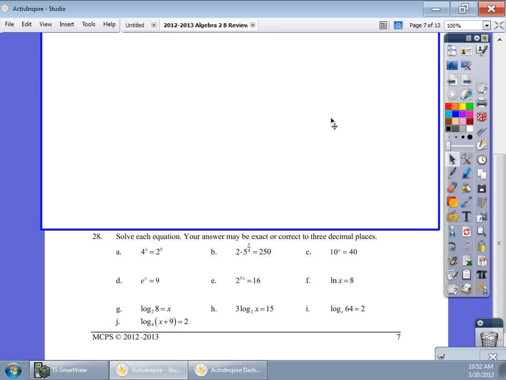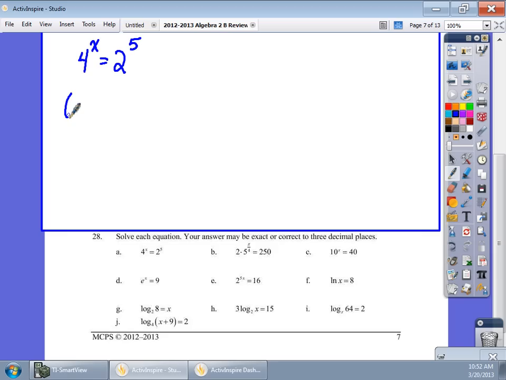It says solve each equation. Your answer may be exact or correct to 3 decimal places. And so we have 4 to the x is equal to 2 raised to the 5th power. In this case, this is one where we could change this base right here. 4, we want to make it match 2, so that's really 2 squared raised to the x is 2 to the 5th power.